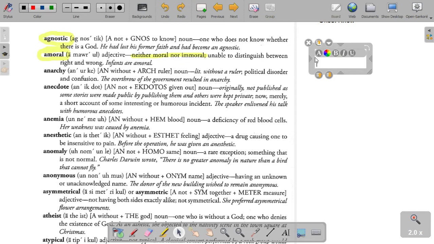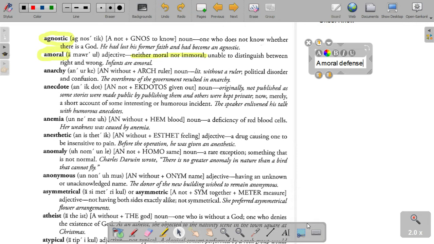In law, there's actually a defense called the amoral defense. What this basically means is that the person who committed the crime cannot be held accountable for their actions because they don't know the difference between right and wrong. So it's not like they were being evil. They just literally didn't know.